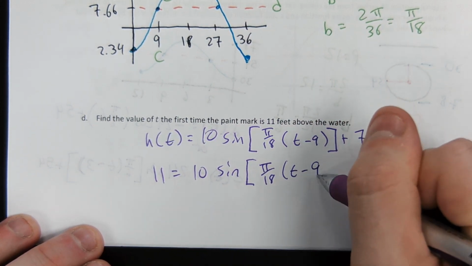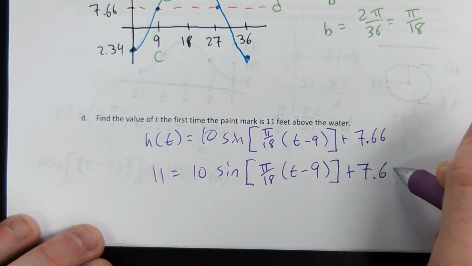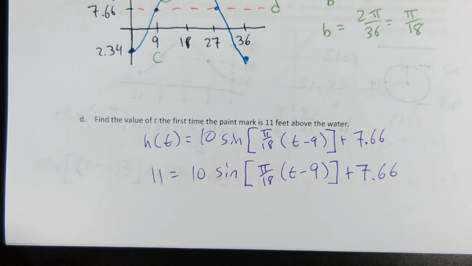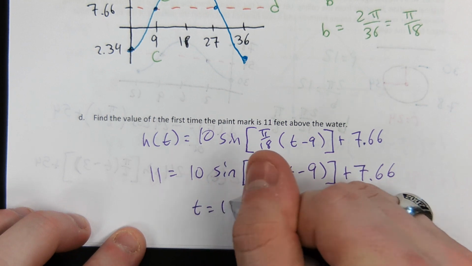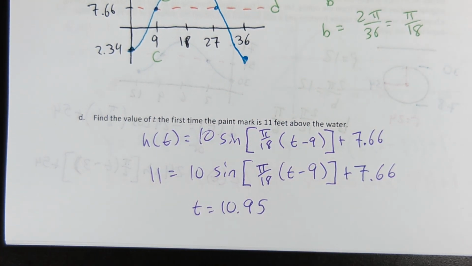Make sure your graphing calculator is in radian mode before you try to graph. And I'll just write down the answer because I'm going to assume that everybody knows how to do second trace intersect. It's 10.95 seconds. There it is. All right, part 2 tomorrow.